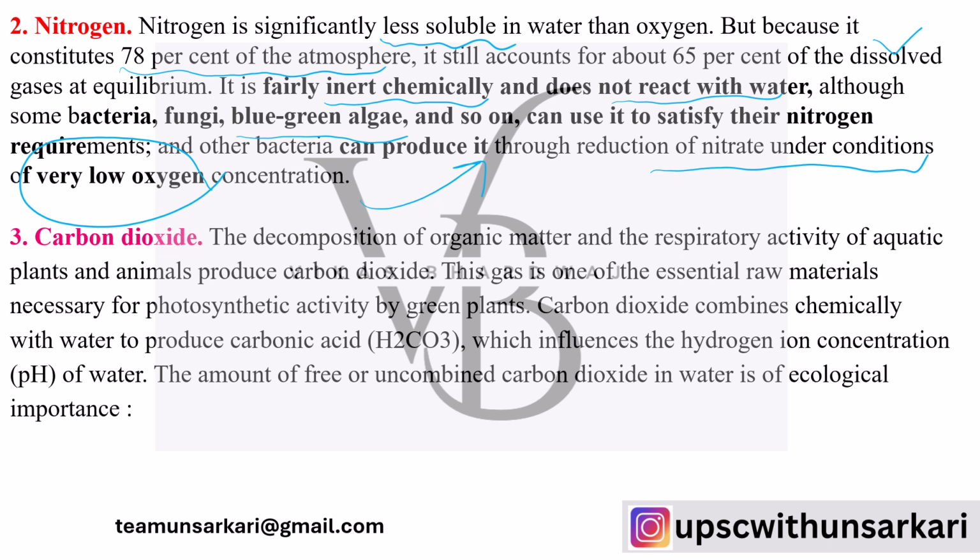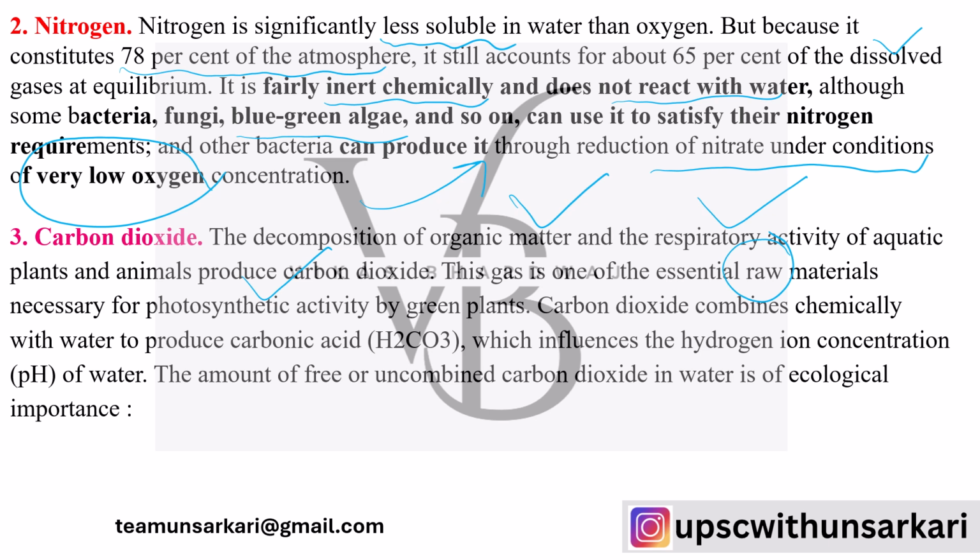The decomposition of organic matter, and the respiratory activity of aquatic plants and animals, produce carbon dioxide. This gas is one of the essential raw materials for photosynthetic activity. Without photosynthetic activity by green plants, nothing can be carried out.